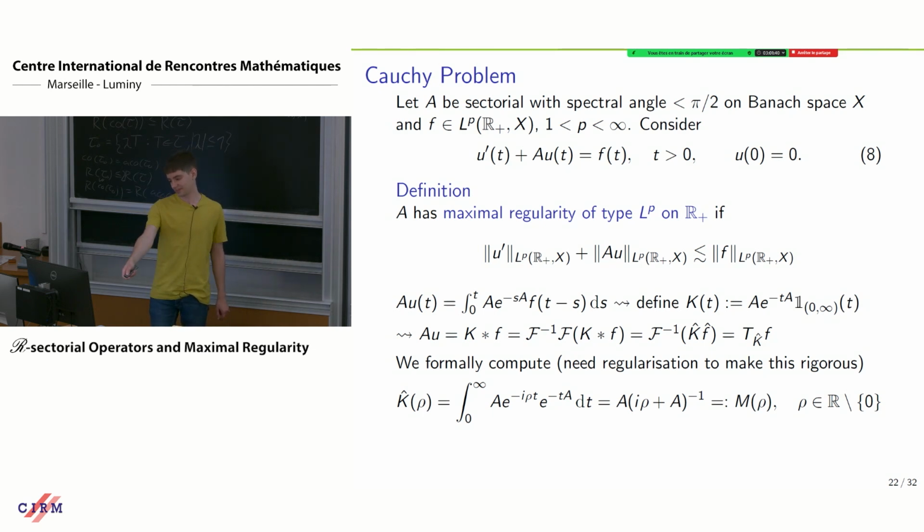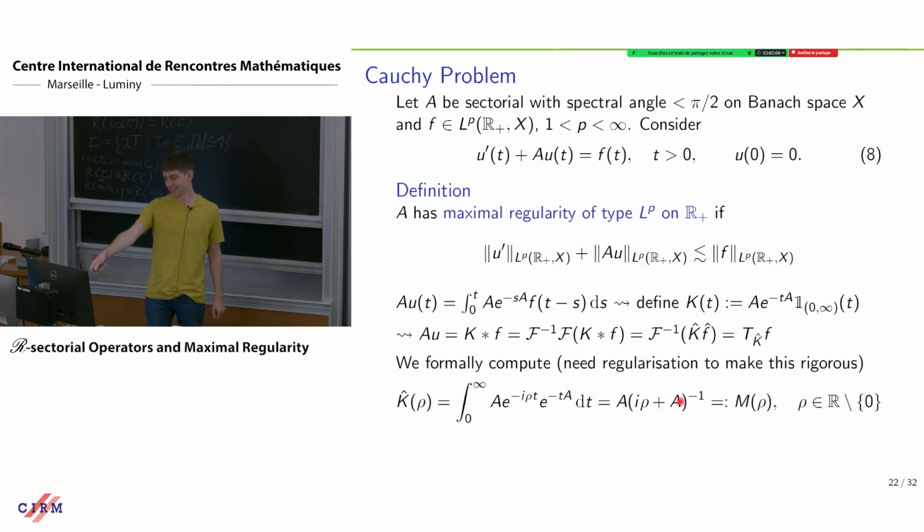Let's just for a moment write down the definition of the Fourier transform, and we get the following. And we see this looks like the Laplace transform of A times the semigroup evaluated at i times rho. And from semigroup theory, it is known that the Laplace transform of the semigroup gives the resolvent. So let's just apply this.